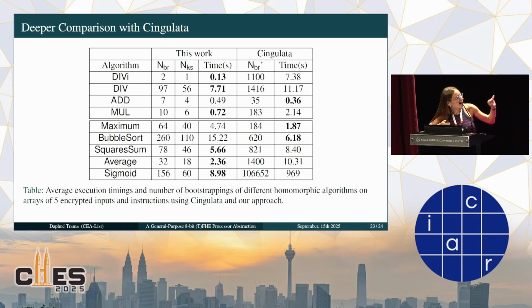And I've put again the execution timings of our set of algorithms, but I've added the number of blind rotates, which is NBR for Matpantera and NBR prime for Cingulata. And why is that? It's because the number of blind rotates in Cingulata is equal to the number of Boolean gates to be performed.